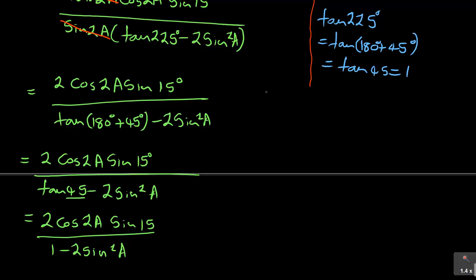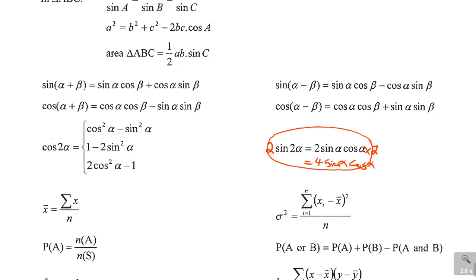So it has taken you to this stage. Now the next part is for you to recognize again. Let us look at this part, which is 1 minus 2 sin squared a. Now look at it carefully. Go to the formulas and focus on the formula for cos 2 alpha and look at this one, which is 1 minus 2 sin squared alpha.